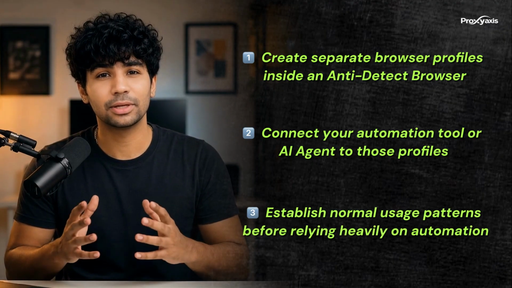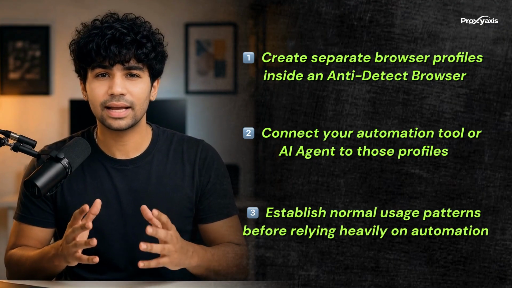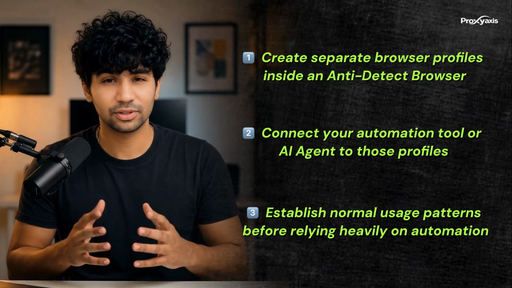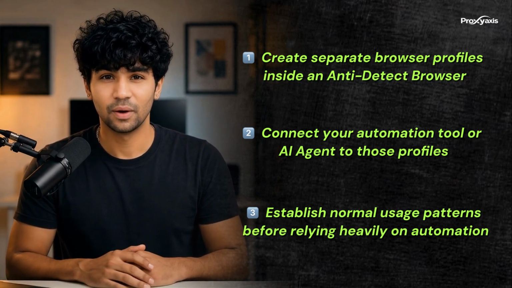Third, establish normal usage patterns before relying heavily on automation. Accounts that suddenly perform large volumes of actions with no history often attract attention. Finally, use automation responsibly and within the policies of the platforms you're working with. The goal isn't to trick systems. The goal is to create cleaner account separation while improving efficiency. When done correctly, this combination can save enormous amounts of time for repetitive online tasks.